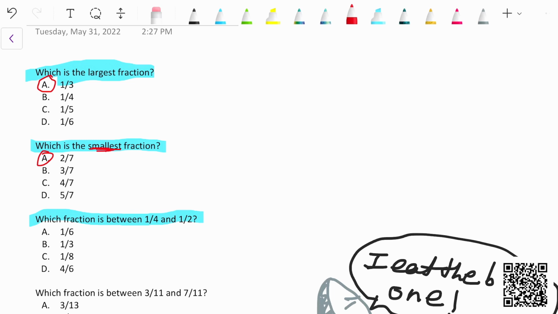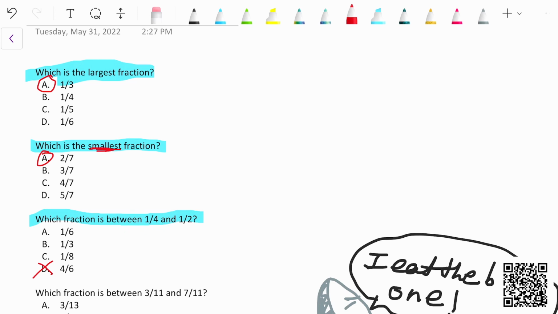If you turn 1/2 into a denominator of 6, it would actually be 3/6. And 3/6 is less than 4/6 because the numerator is less. If 1/2 is more than 1/4 and this is between, then 4/6 is obviously out because it's already bigger than the maximum in this problem.